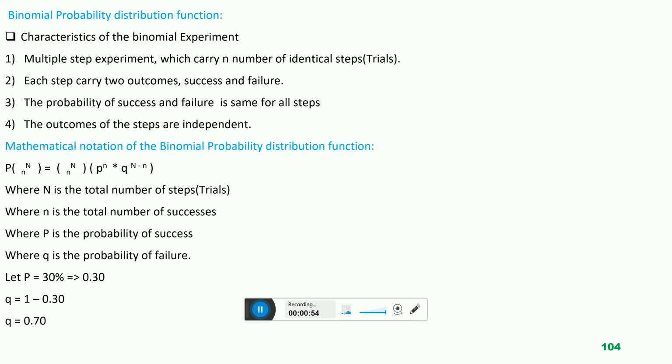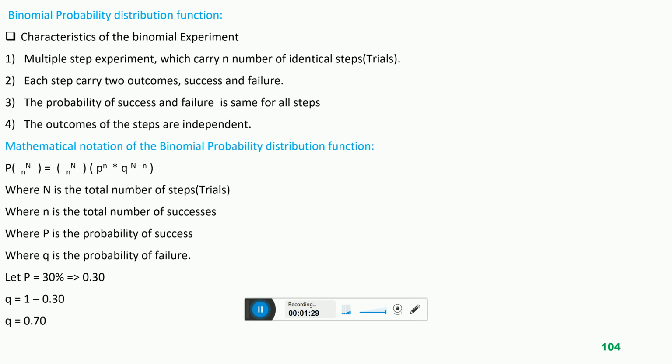Binomial discrete probability distribution function is applicable to an experiment which carry the following characteristics. The first characteristic is this: multiple step experiment which carry n number of identical steps or trials. Means the experiment must be multiple step experiment and number of steps or trials of the experiment must be same, identical.